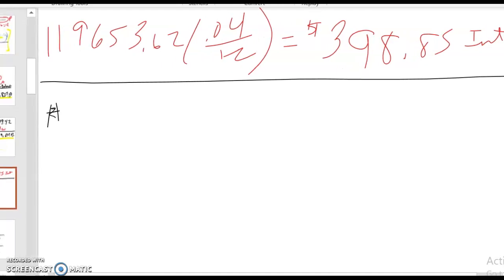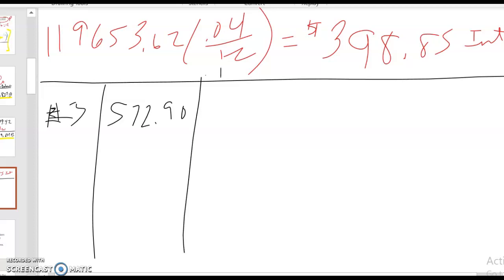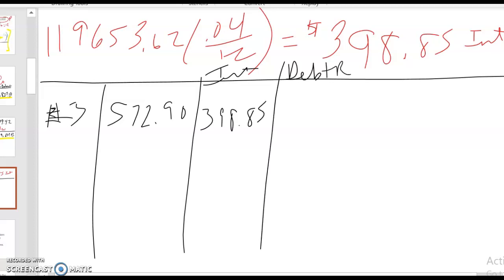So here in month number 3, just move my screen over a little bit. Number 3, we still have the $572.90 as my payment. My interest is $398.85. That means my debt reducing is $174.05. Again, remember, these two values together will equal the $572.90.